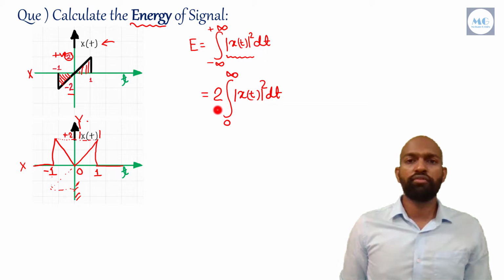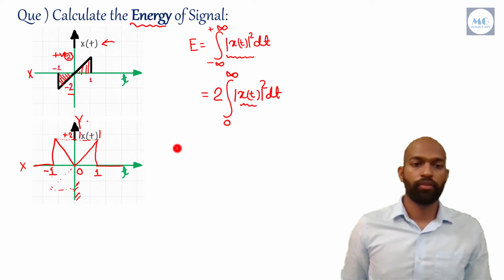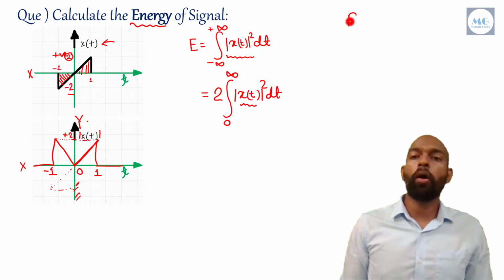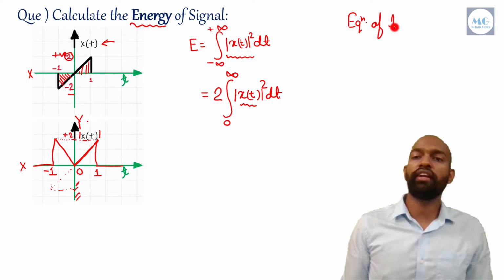This type of operation we also perform in school mathematics. Now we have to find the equation for xt. So the equation for xt will be the equation for this line. So what will be the equation of the line? The equation of a line can be found by different methods, but I will tell you two of those methods.